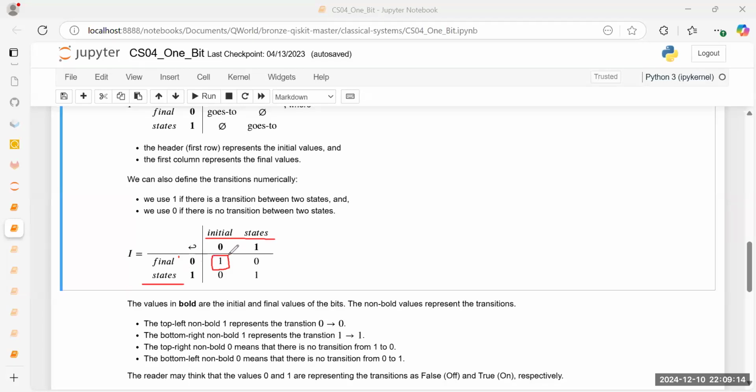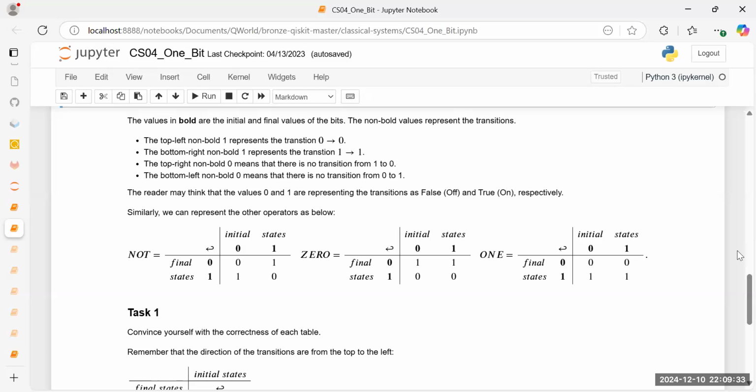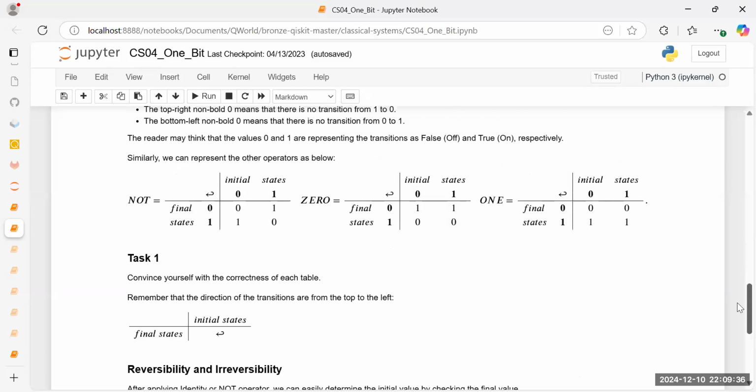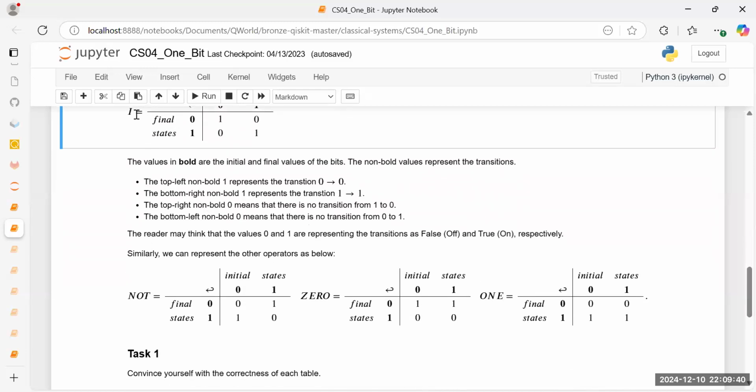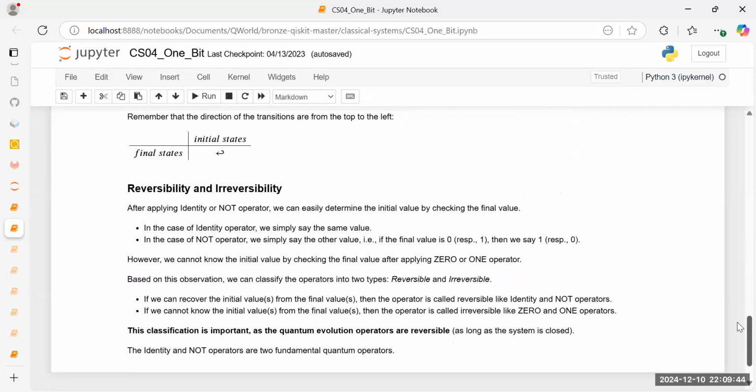So this is definitely what is going to happen. And here, we also have a value of 1, which is trying to say if 1 is our input, we're definitely going to have 1 as our output. So we looked at the transition tables for all the operators. And we said from these 4 operators, identity and not are the only reversible operators.